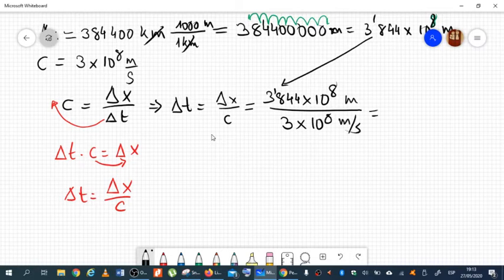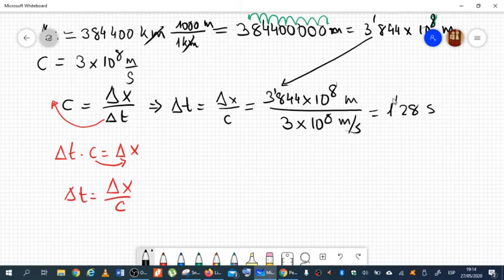Now if we do this with a calculator, you will have 3.844 times 10 to the power of 8 divided by 3 times 10 to the power of 8. And it is 1.28 seconds. So light takes 1.28 seconds to travel from the moon to the earth.